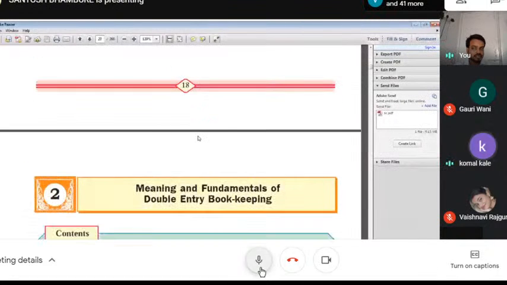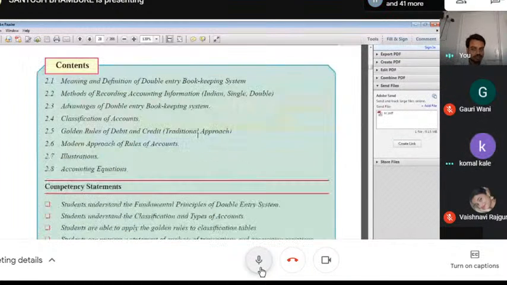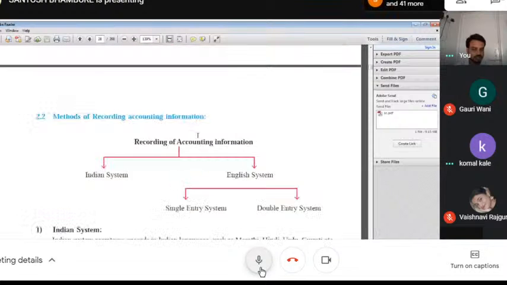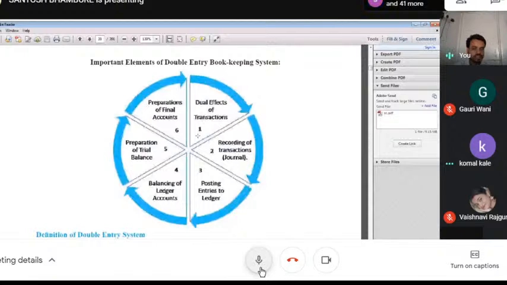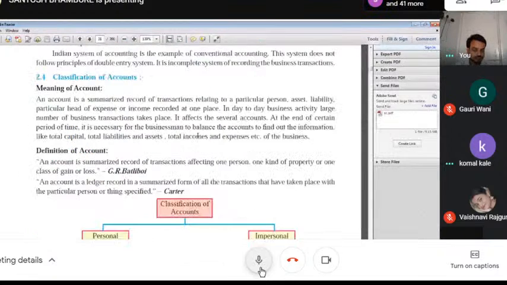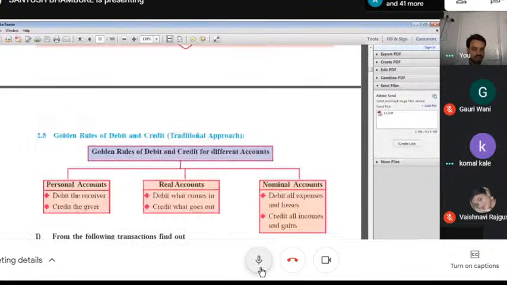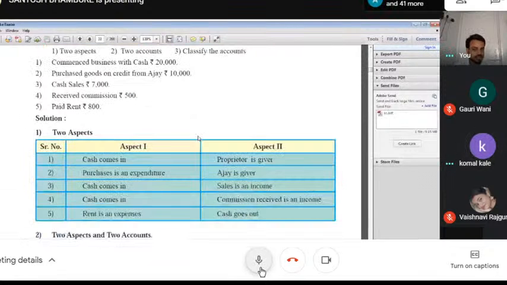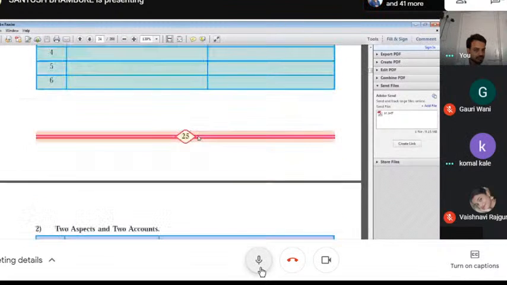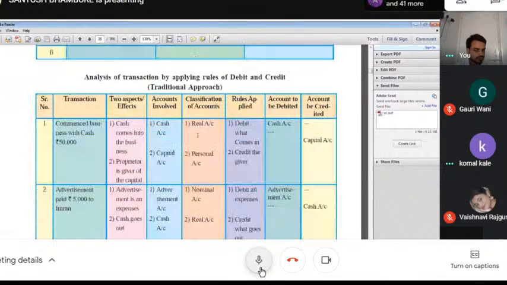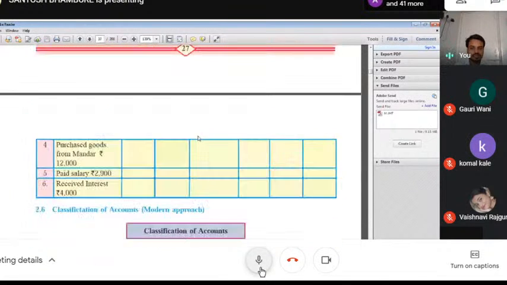Have you written that entry in your book? Yes. Okay, so please switch on your camera and show me that entry. Fast, we have limited time.